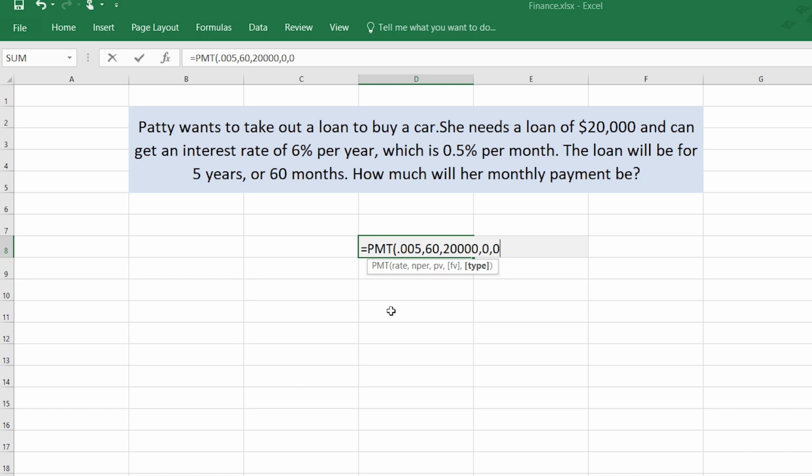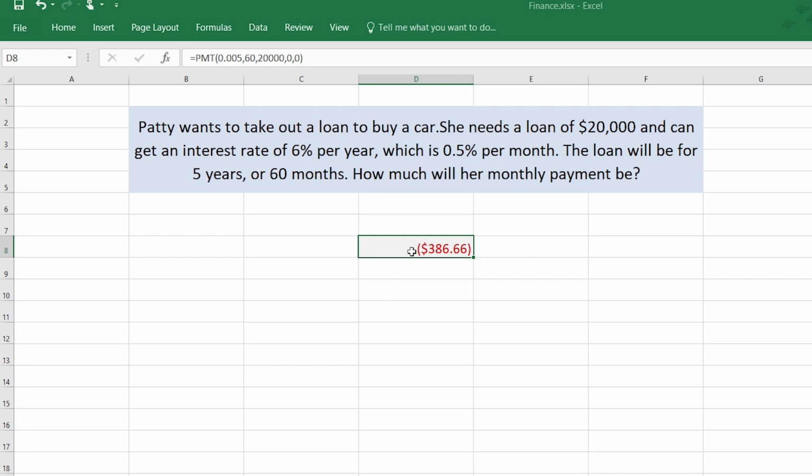For the last prompt, just use 0, as almost all loan payments are due at the end of the period. Then, we close the parentheses and click Tab, and Excel calculates the answer as $386.66.